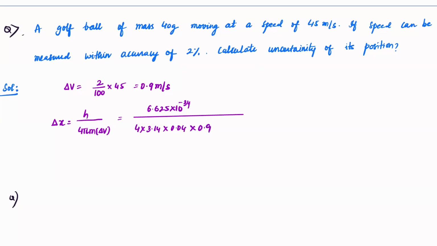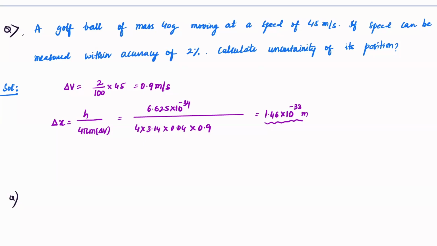Substituting all of these values, I am getting approximately 1.46 into 10 raised to power of minus 33 meters. So again, you can notice that this is a very absurd value. This is an extremely small value, which means you are able to identify the position accurately.